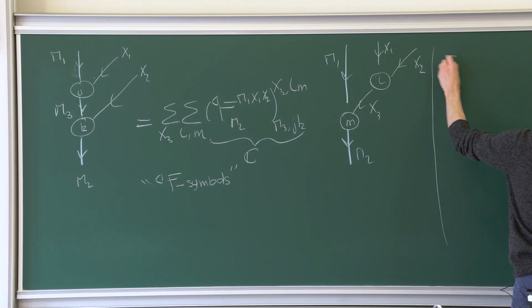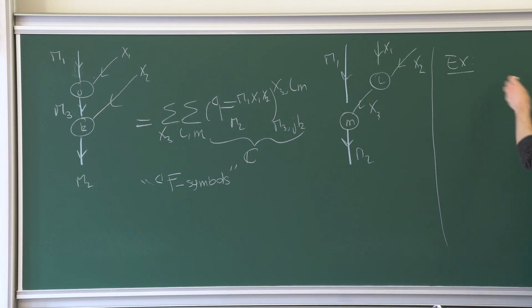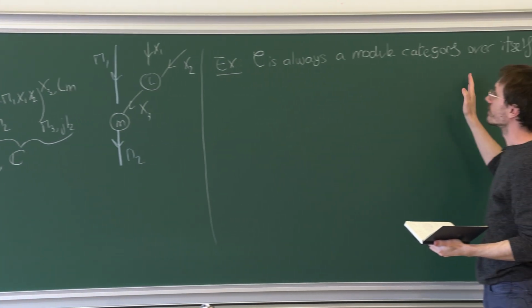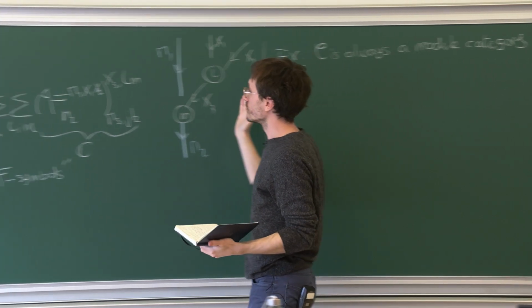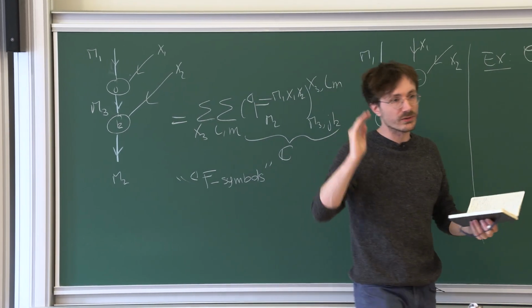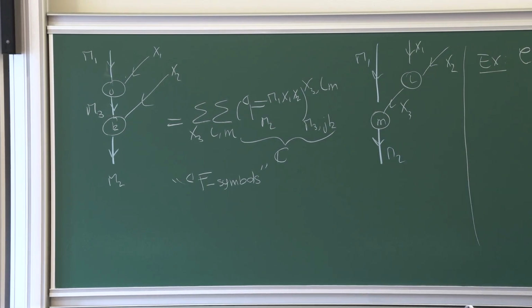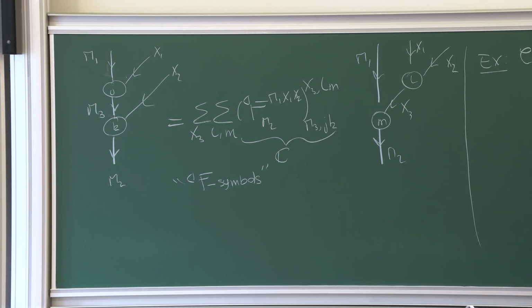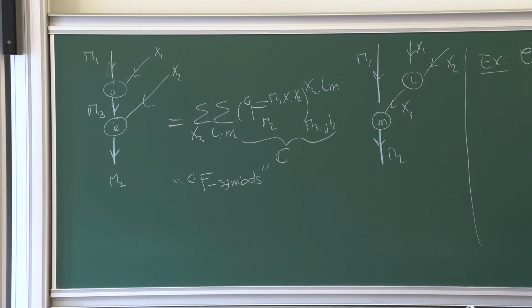The fact, which is kind of obvious, is that C is always a module category over itself. So secretly, in the last week, we kind of used that. From the perspective of these generalizations I'm going to talk about in a second, we were using C as the labels in the definition of the Hamiltonians, really using the fusion properties.